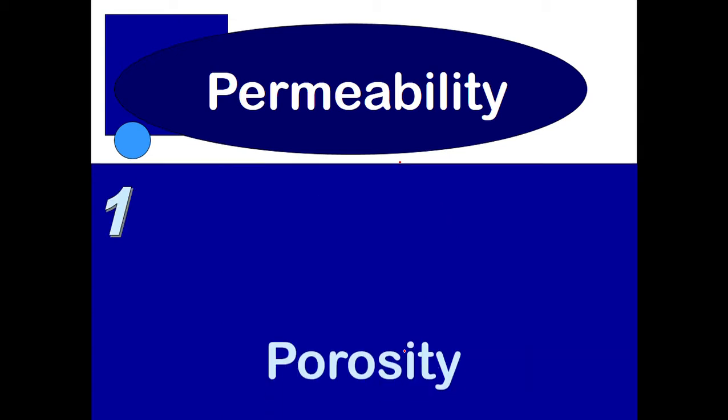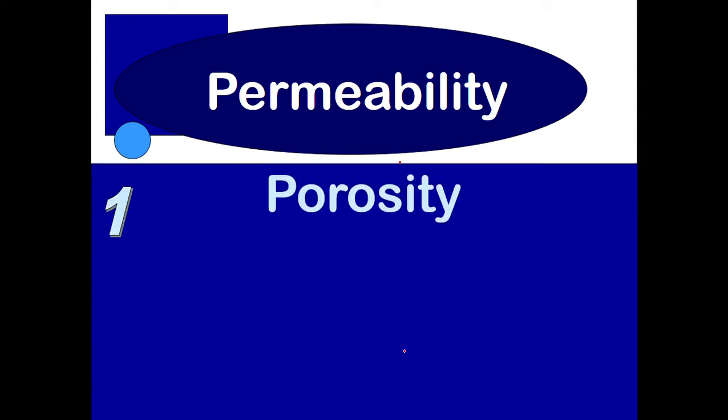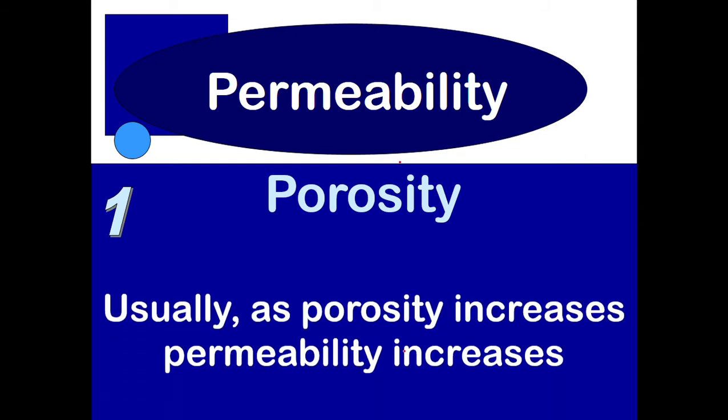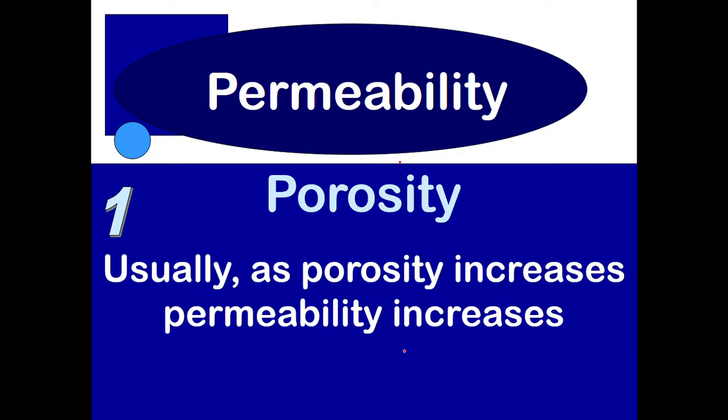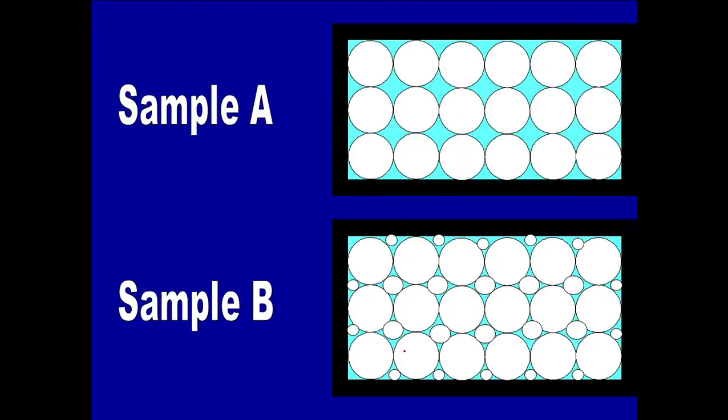There are certain factors that affect permeability. Porosity is one of them. Typically, when a soil sample has more airspace, it allows the water to flow through that soil sample more quickly. So if you look right here at sample A, we have soil sorted.